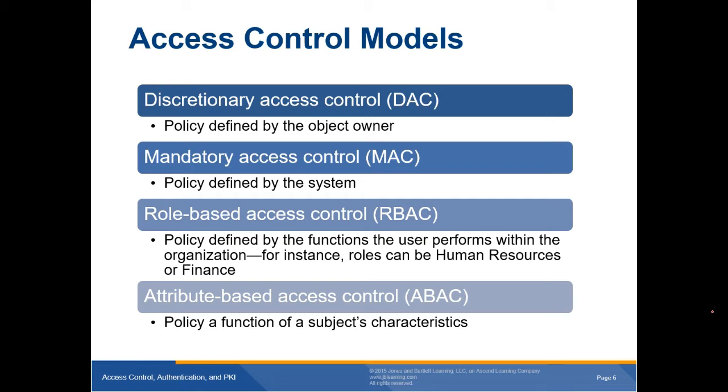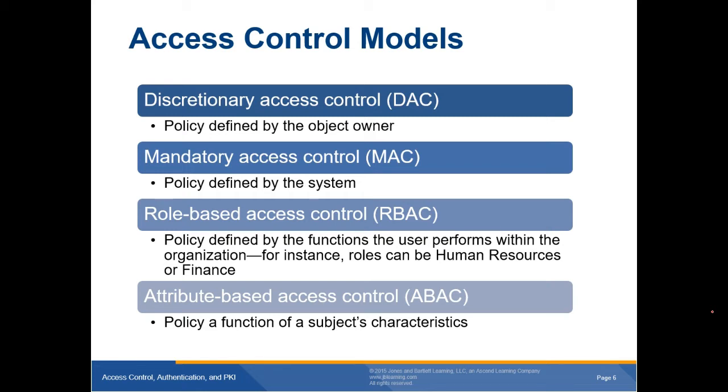The DAC allows the owner and resource managers to decide who can or cannot access the item. Owners maintain the ACL and grant or delegate that information. So basically, just as how it's defined, the owner has it.